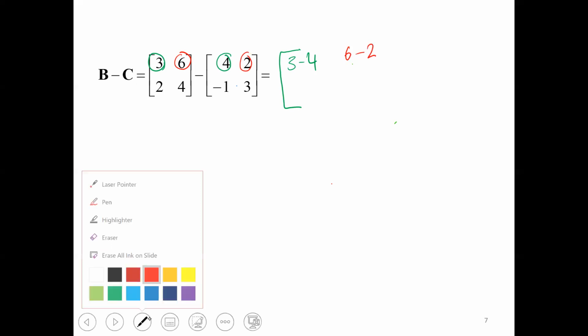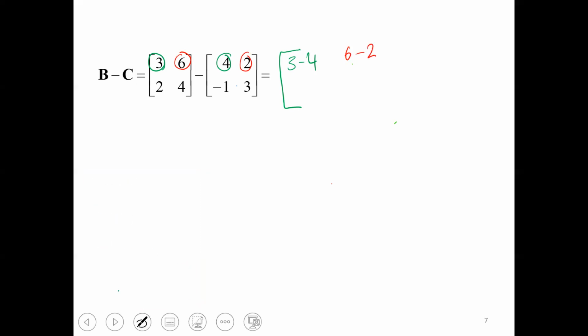And for the next one, down there, 2 minus 1, and 4 minus 3. I'll just write them down here. So this is 4 minus 3, and this one 2 minus 1. Okay.